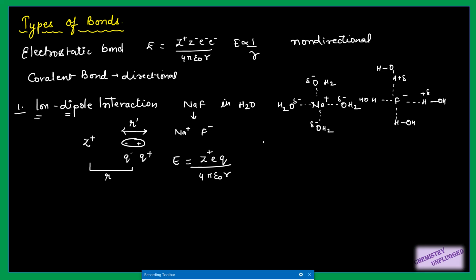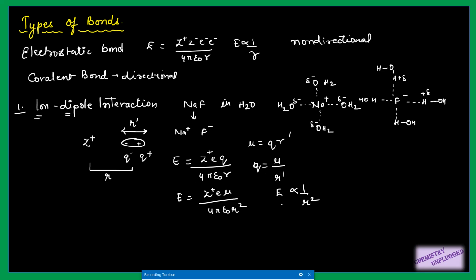And this Q can be calculated from the dipole moment of this dipole. This is QR', and from here we can calculate the value of Q. It will be mu over R', and when we place it into this equation, we can consider these two distances almost equal, so suppose it will become R square. So I am taking only the simple equation here, and this energy of interaction is inversely proportional to R square.